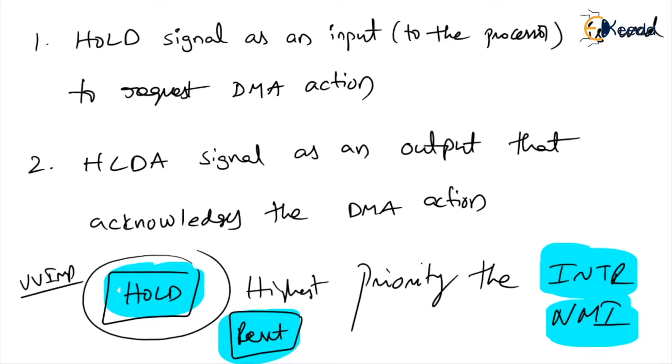Direct memory access normally occurs between an IO device and memory without the use of the microprocessor. Remember, this is very important.